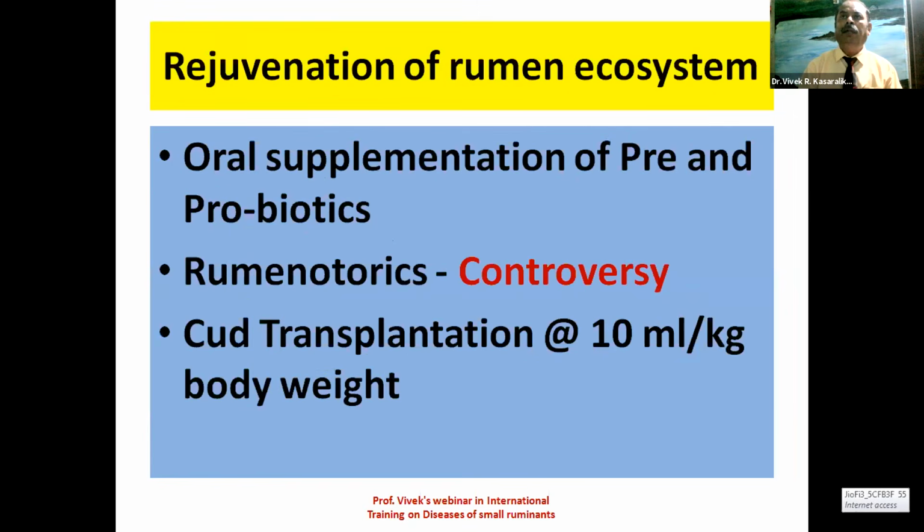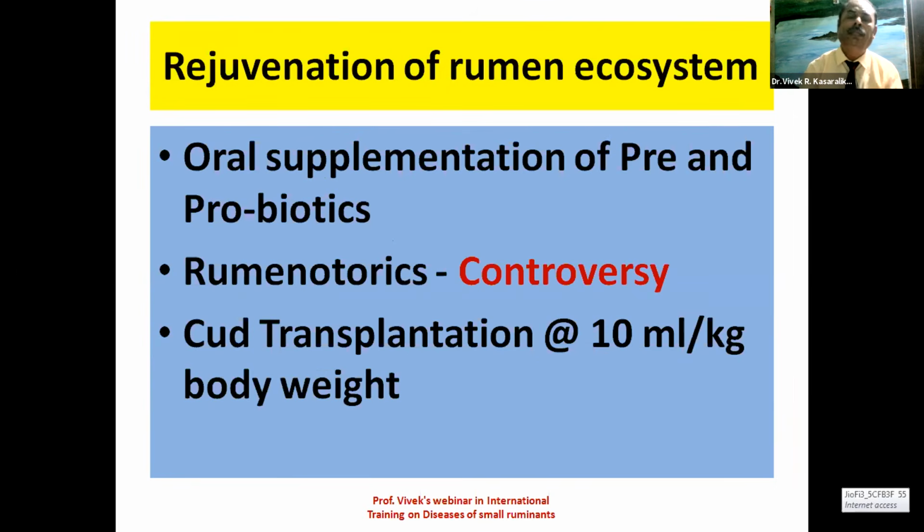Now, the third and foremost important part of treatment of ruminal lactic acidosis: you have to bring the rumen ecosystem back to normal. So how can you do that? You have plenty of prebiotic and probiotic supplements available in the market, which are rich in Saccharomyces and rich in lactobacillus. These are all essential microflora.